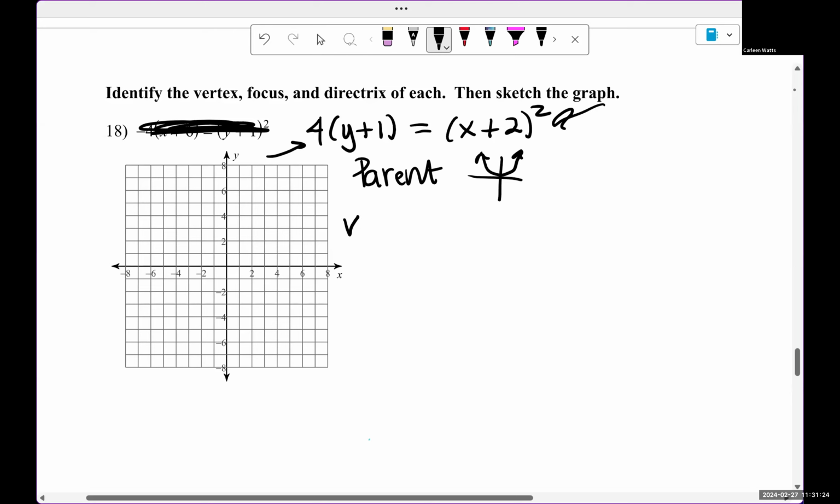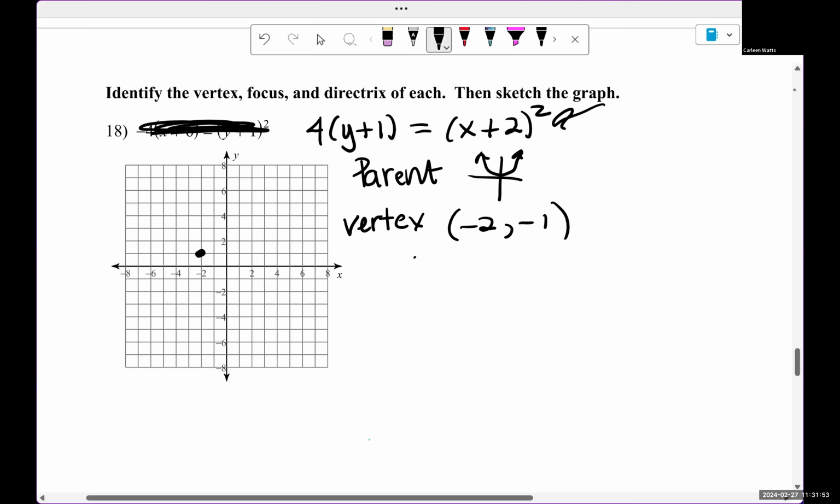Next step, vertex. What's the vertex? Opposite, -2, opposite, -1. Okay, now I need to solve for p.